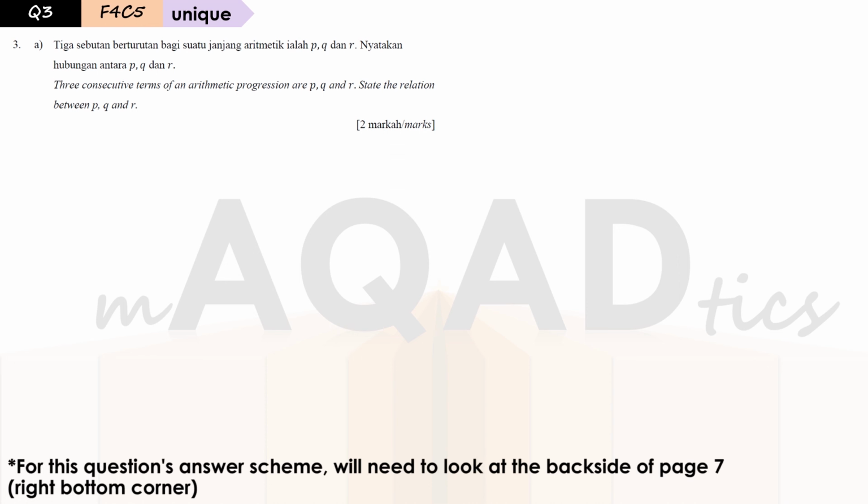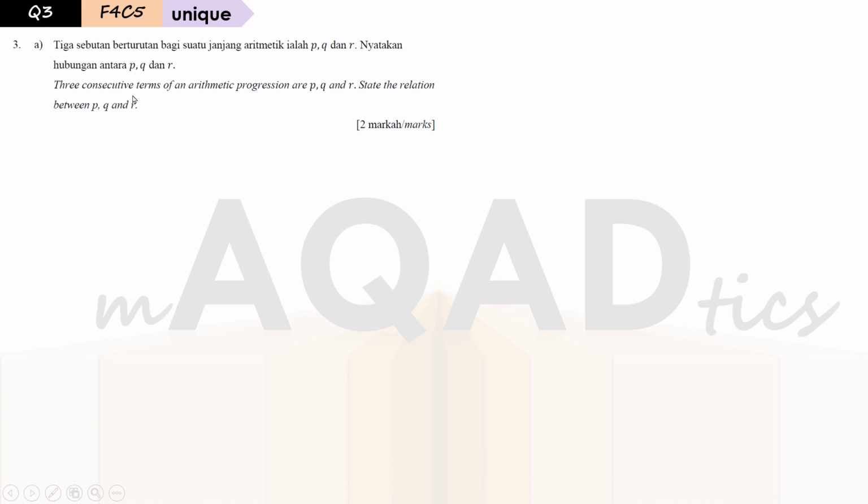For question 3, it is a unique question and it comes from the chapter progressions. In part A, we are given 3 consecutive terms of an arithmetic progression, so we are going to use arithmetic progression to solve this question.